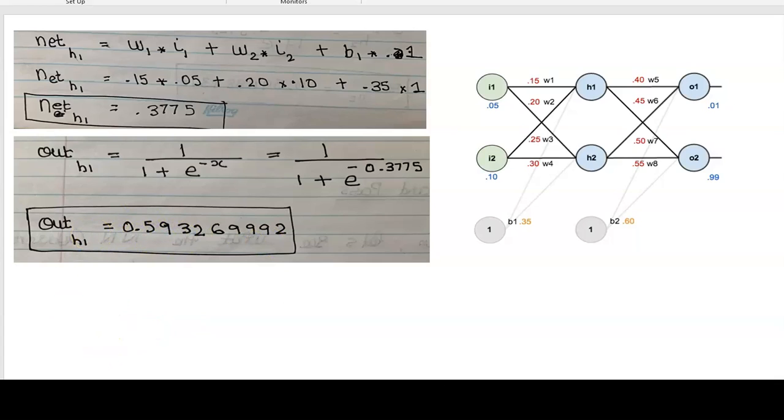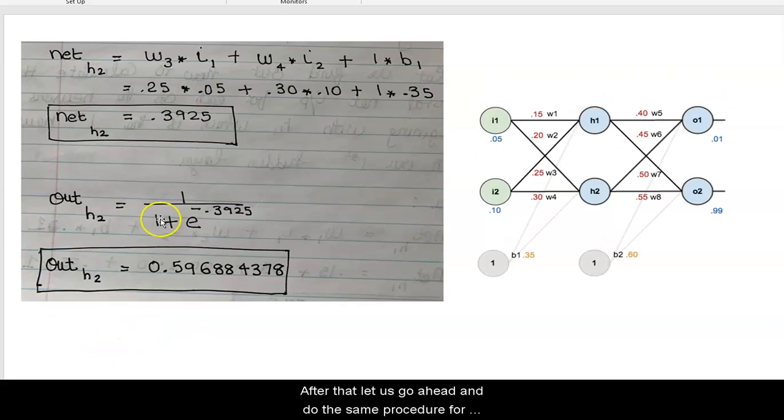Now let us go ahead and do the same procedure for H2. Here I have computed net H2 and then passed that value to my activation function to find out H2. Net H2 depends on the weights that influence H2, that is W3 and W4.